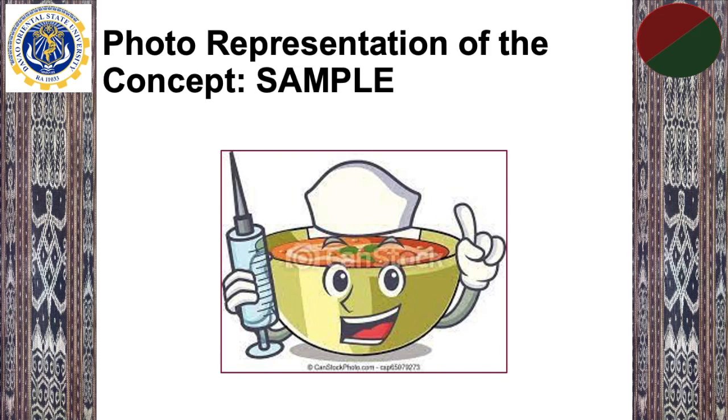Another photo representation here is the bowl of soup. If you're fond of cooking, particularly soup, one way to know that the taste of the soup is already good is to use a spoon or teaspoon, take a spoonful of soup from the bowl, and taste it.